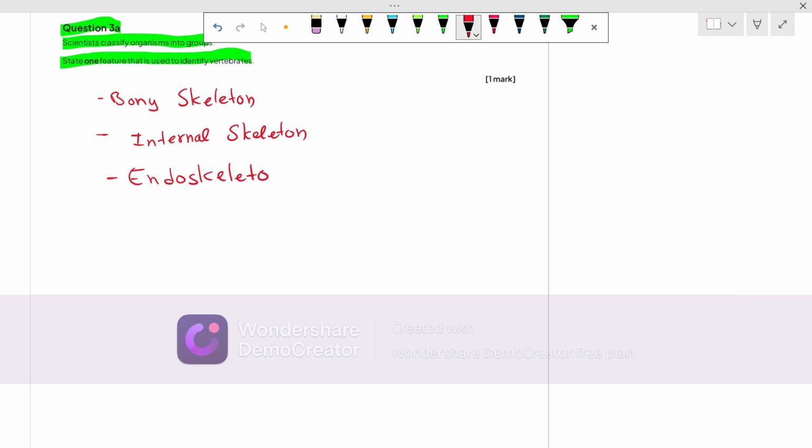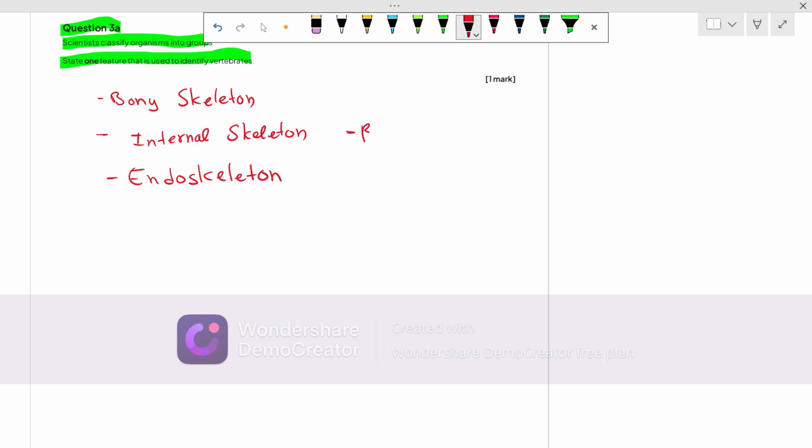I'm going to list all of them here, and you can choose any one feature from the following: bony skeleton, internal skeleton, endoskeleton. They all somewhat mean the same thing.